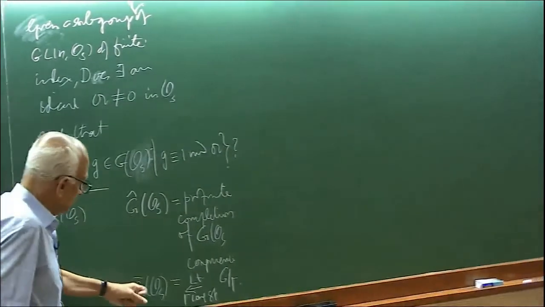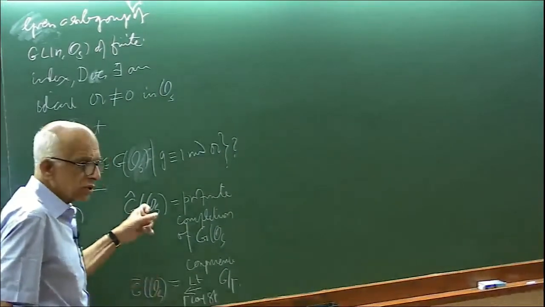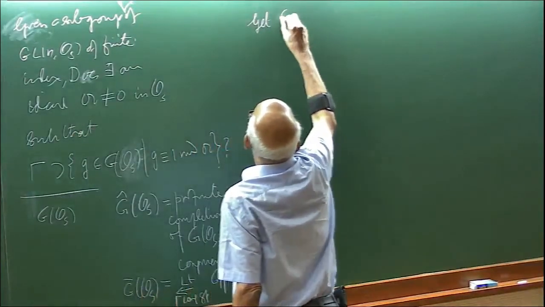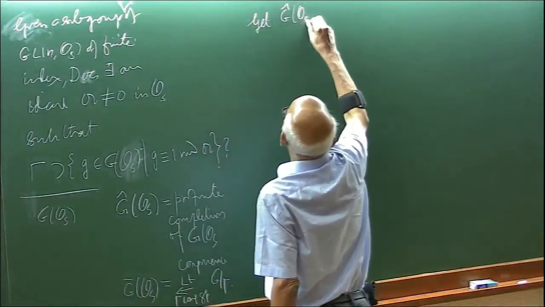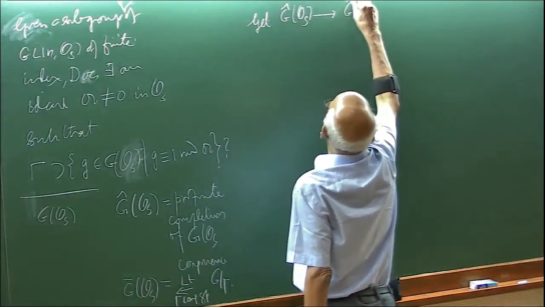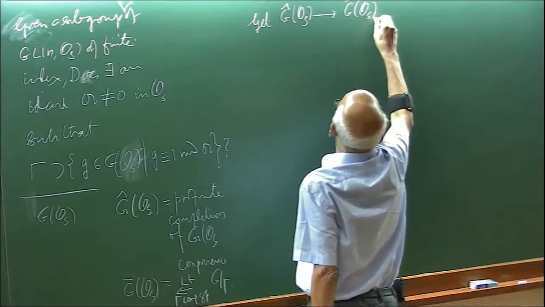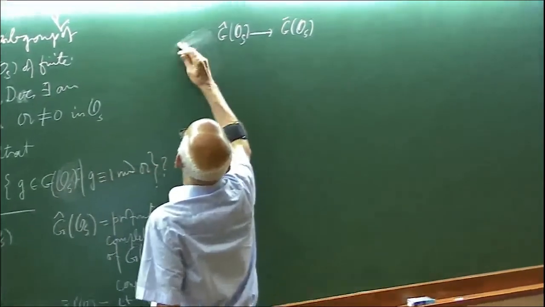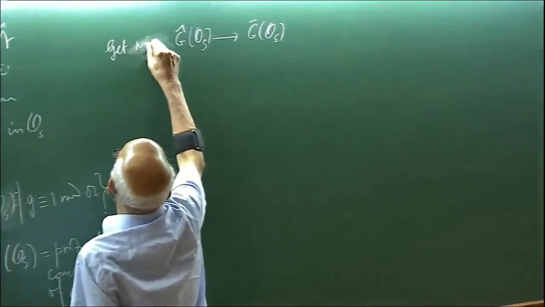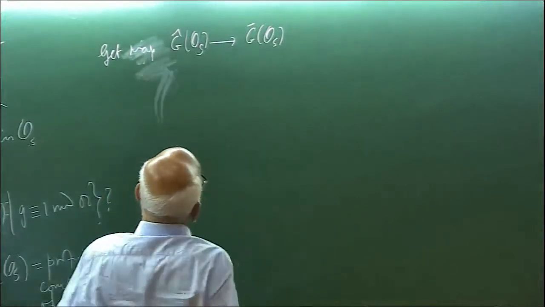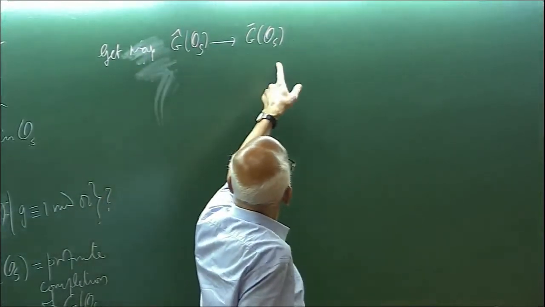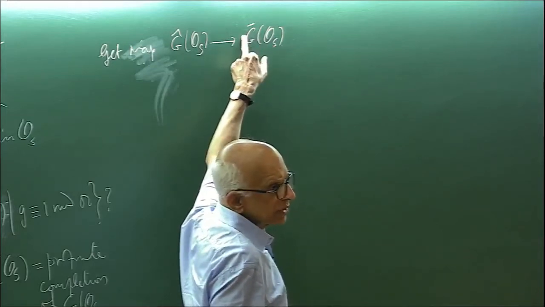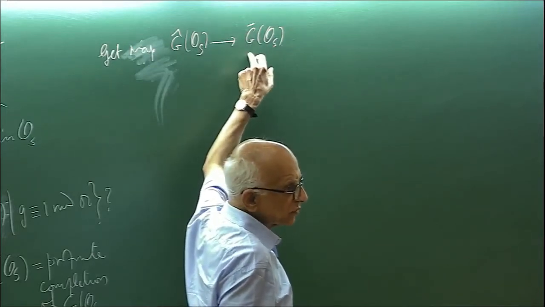Then obviously the topology here is coarser than the topology there, therefore we get a natural map pi from G hat OS to G bar OS. It is clear that this is surjective because both are compact groups and G_OS is dense in G bar OS by the very definition of completion.